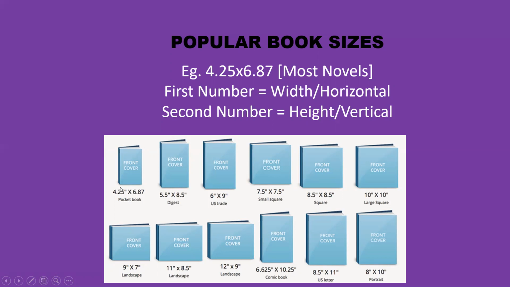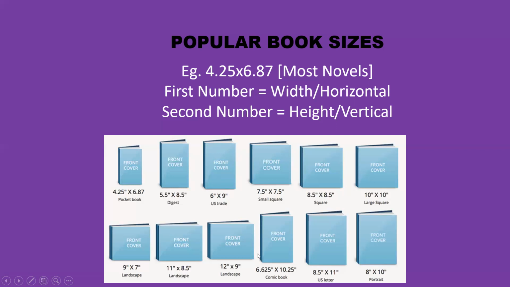When you hear persons talk about book sizes, they say 4 by 6. The first number that they call is usually the width, and the second number is usually the height, and you can specify. So 6 by 9 would be 6 across, 9 vertical.